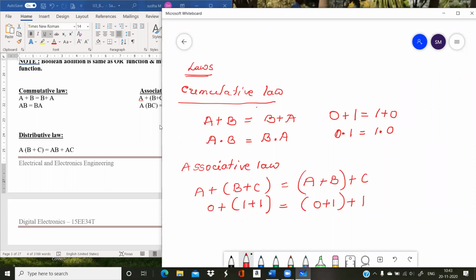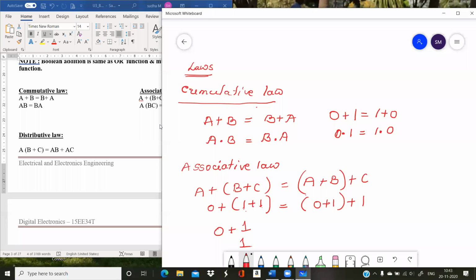So let us add this. 1 plus 1 is the Boolean addition, not the general decimal addition, which will be equal to 1 only, plus 0. 0 plus 1 is equal to 1. Just before this, we have written the addition rules.